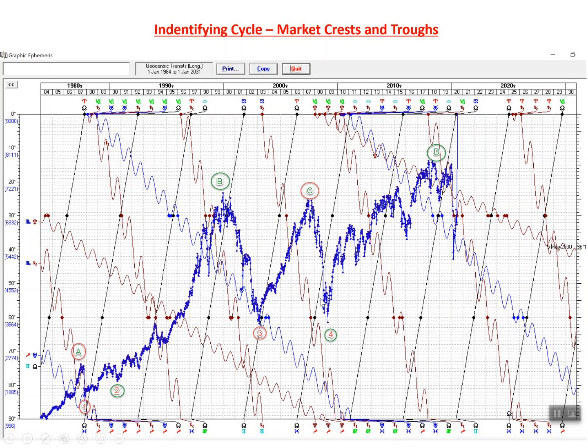At the same time, we can see Uranus was making its transit through Pisces, and Saturn was in opposition in Virgo, and the two formed an opposition right at the point at the low of the market.